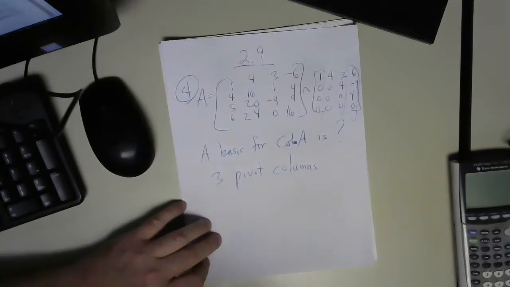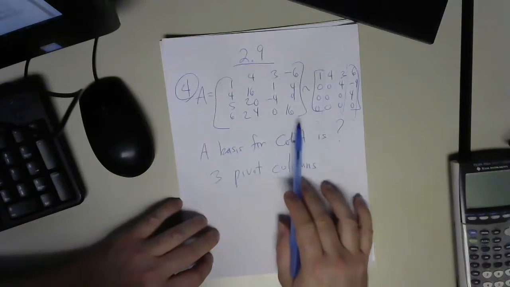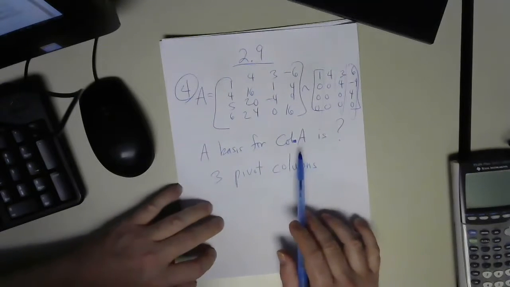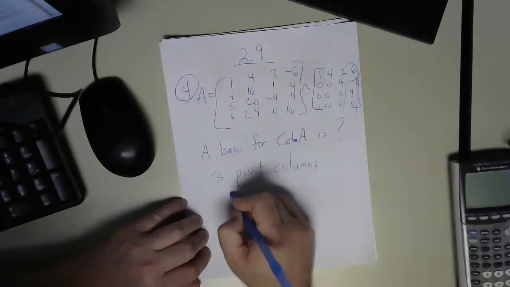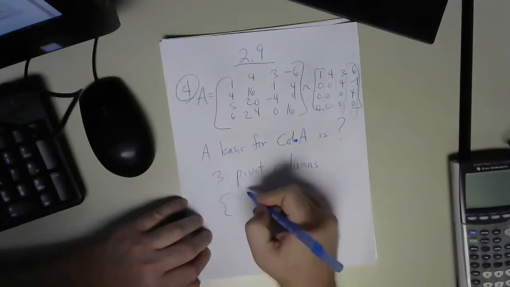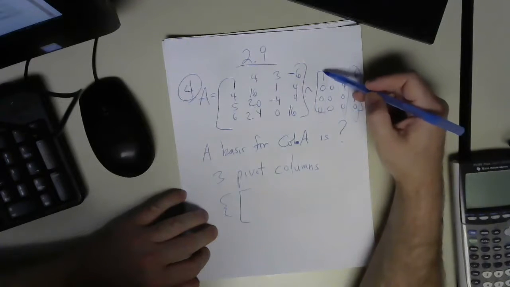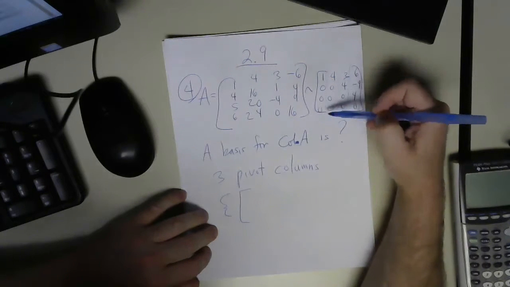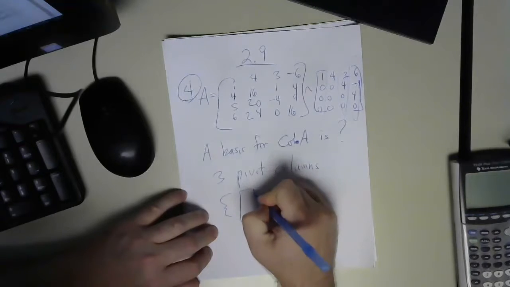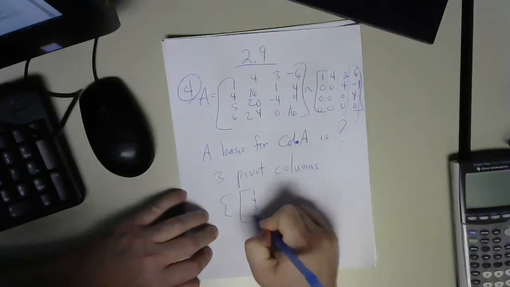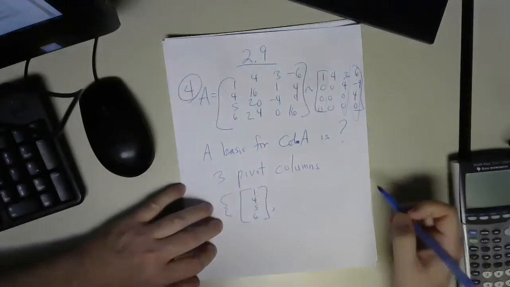And you can choose the original columns of the original matrix for those basis elements. So in other words, a possible basis for the column space: since in the echelon form the first column is a pivot column, I can use the first column of the original matrix as a basis element. So that's one of the 3.